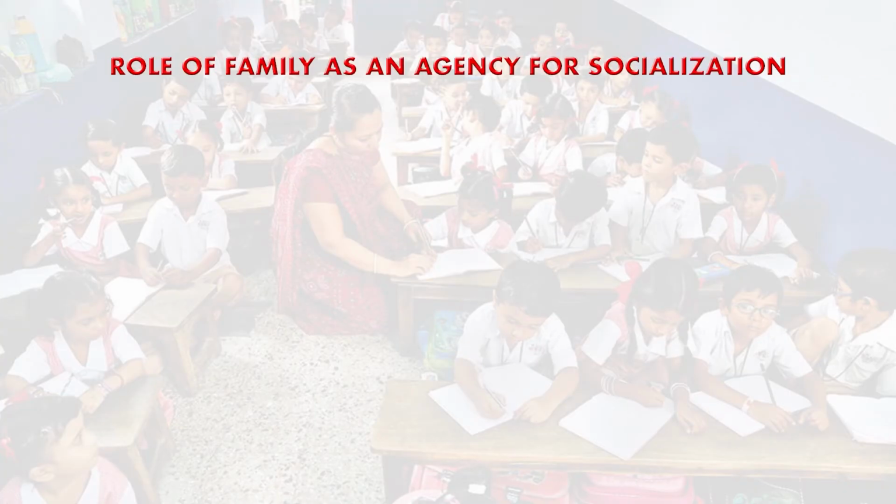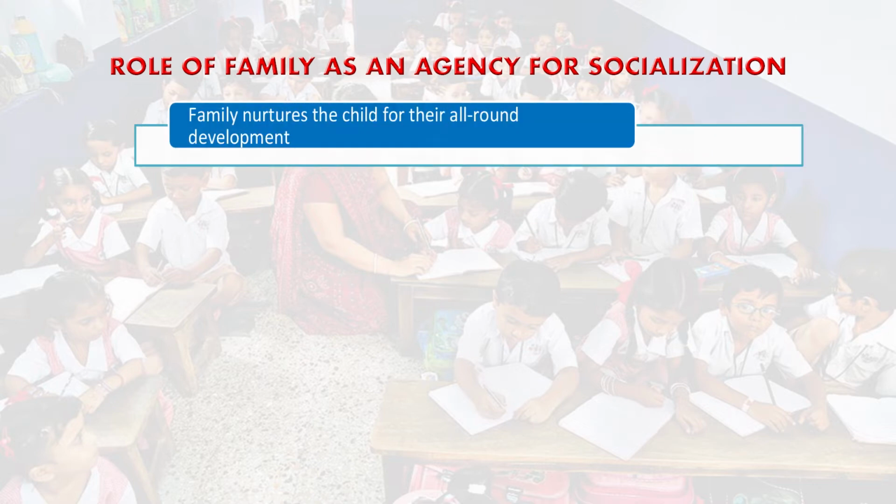Further, if I focus upon the role of family as an agency for socialization, we can say that family nurtures the child for their all-round development. It is the family that provides proper care to the child and brings all-round development within the child.